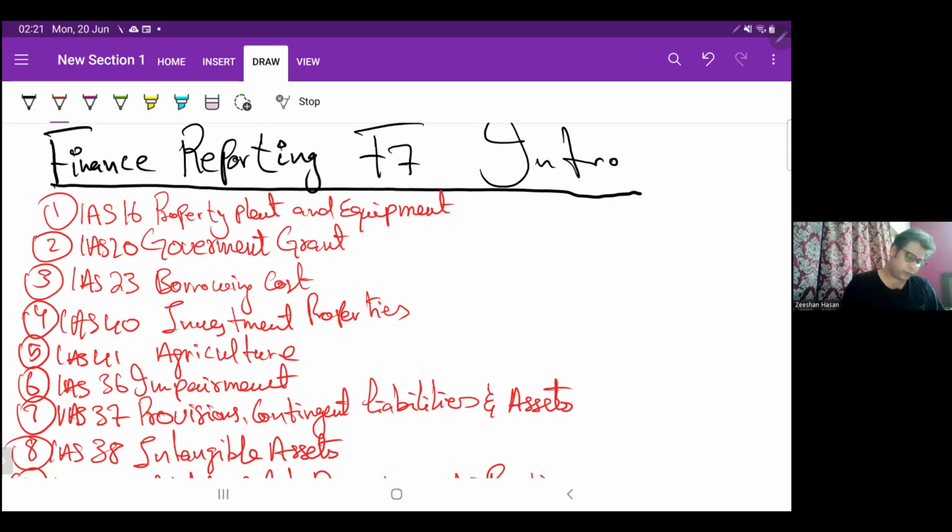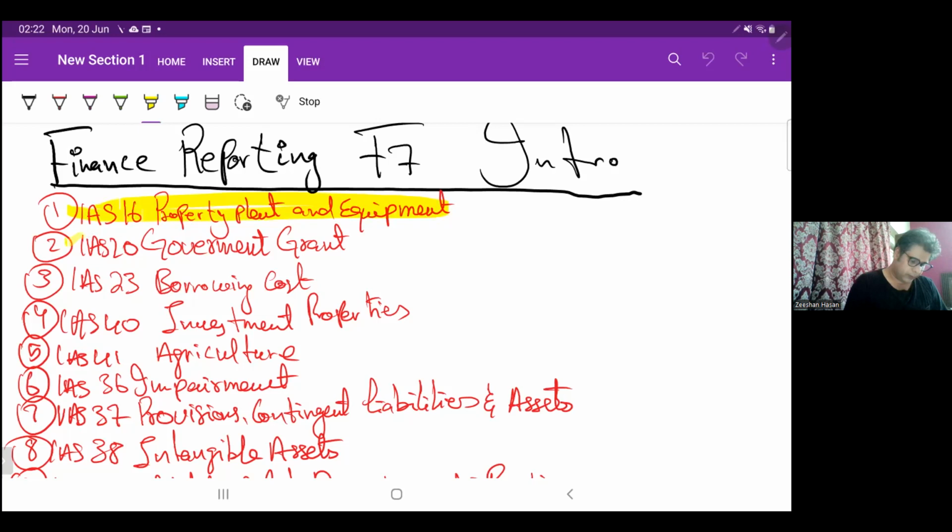Then we will move to the other topic known as IAS 20, government grants, in which first we will learn what is a government grant and the types of government grant, that is capital grant and revenue grant, what are their accounting treatments, and what to do in case of repayment of grant, and what are those situations in which an organization may have to return those grants.